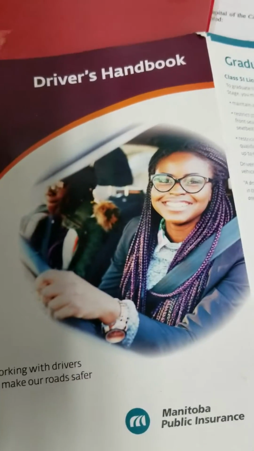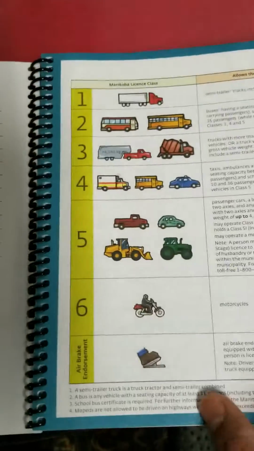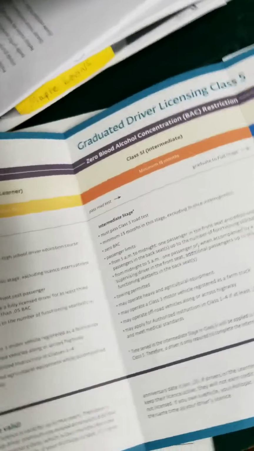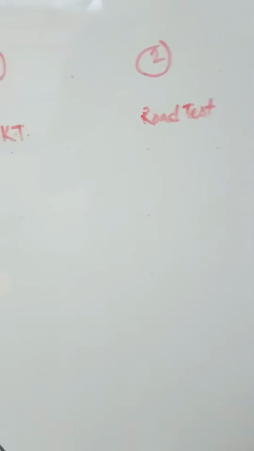So today we will discuss the graduated driver's licensing system. In Manitoba, if you want to become a driver, you have to go through a process. First, you have to pass the knowledge test, and that's what this video is for.